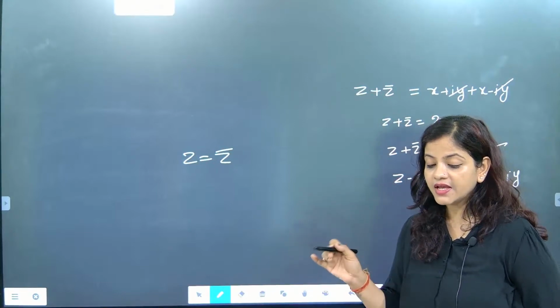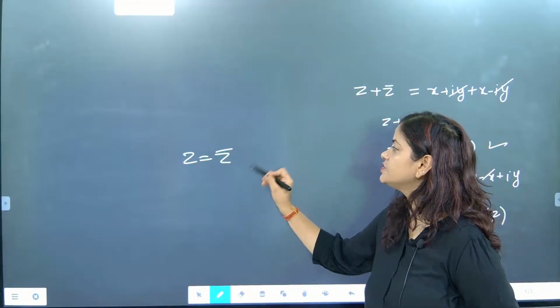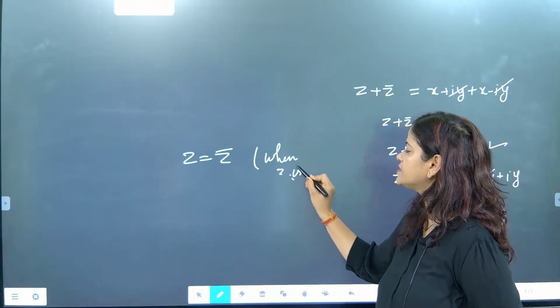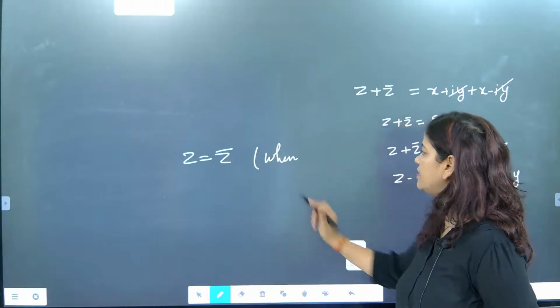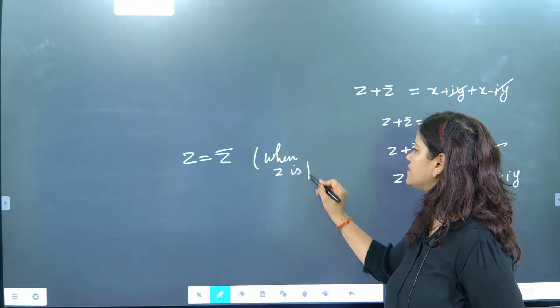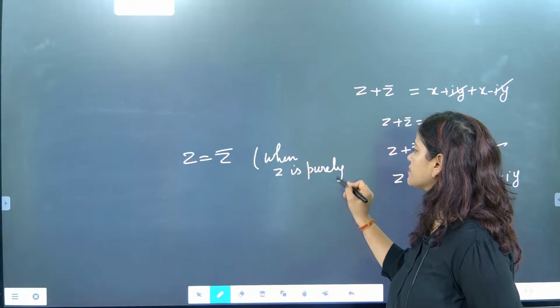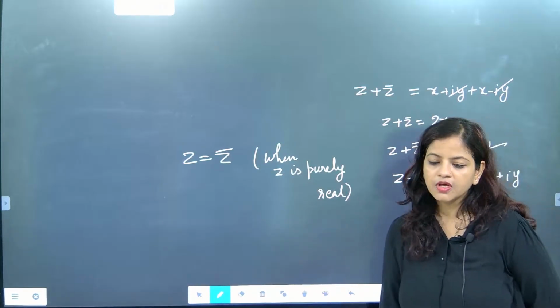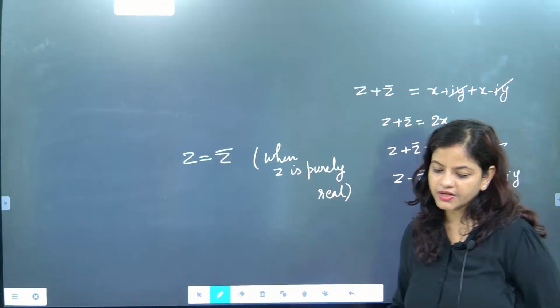So we can say that z is equal to z bar when z is purely real. Understood? So that's the case. Very good, Rudra. Nice try, beta.